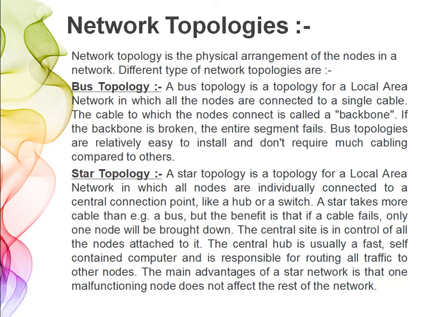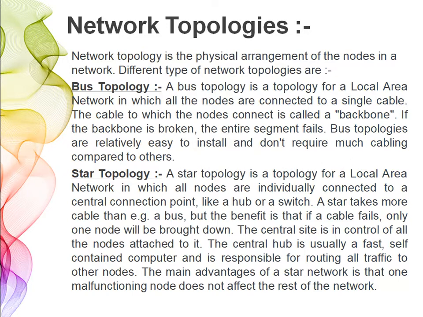But the problem is that if there is a break in that backbone, the entire network will go down. Clear? So if you have only 2 or 3 computers, then you can apply this topology. Why? Because in bus topology, the requirement of wire is very less. It is a topology in which the minimum length of wire is required.